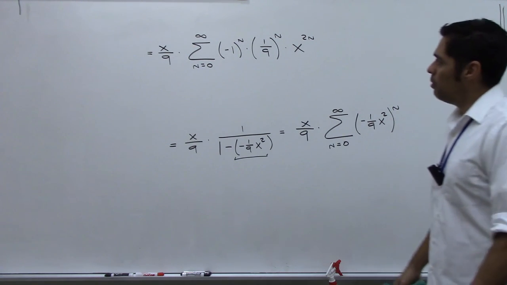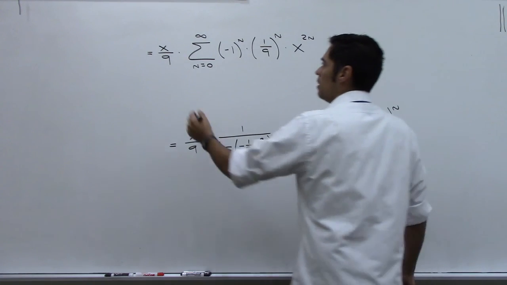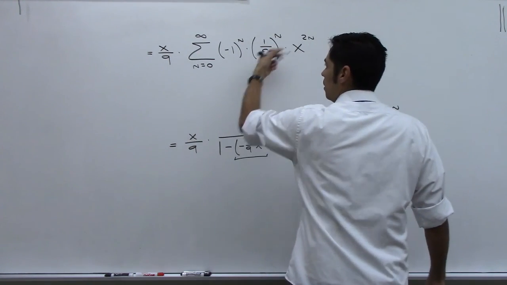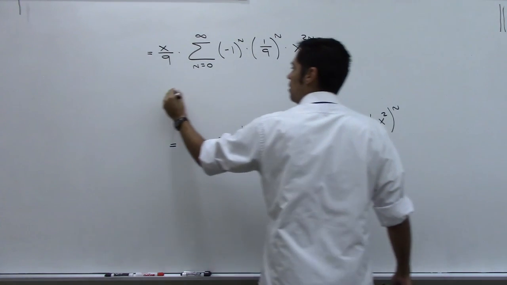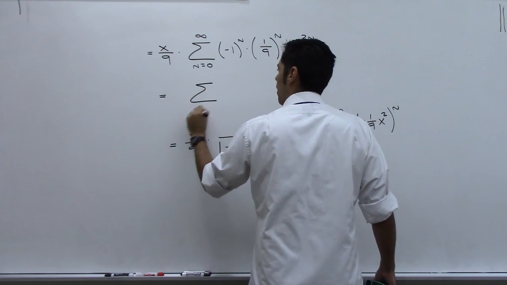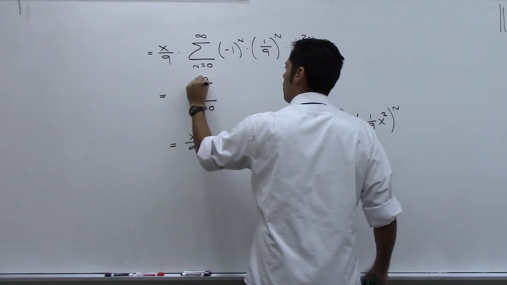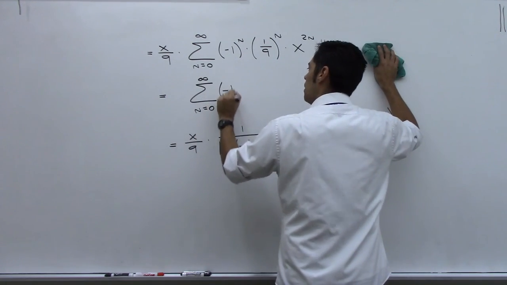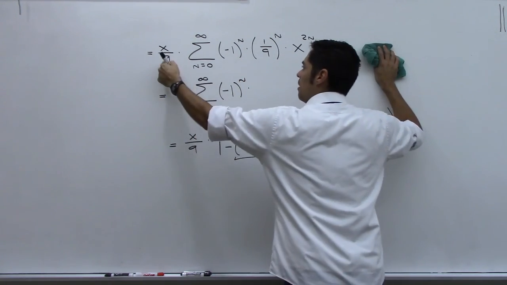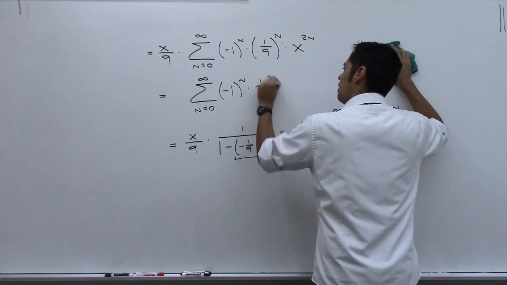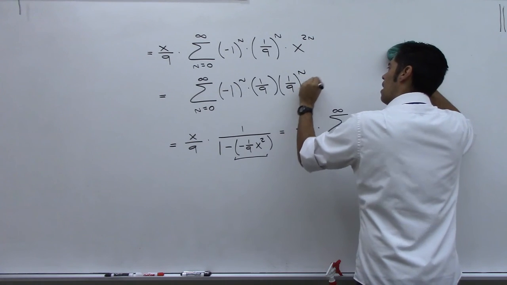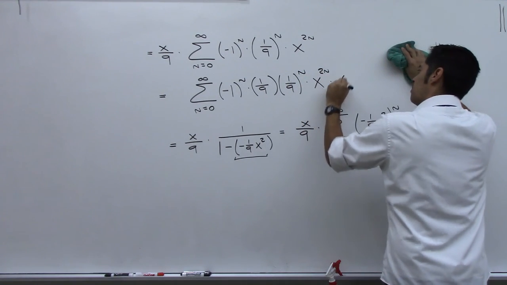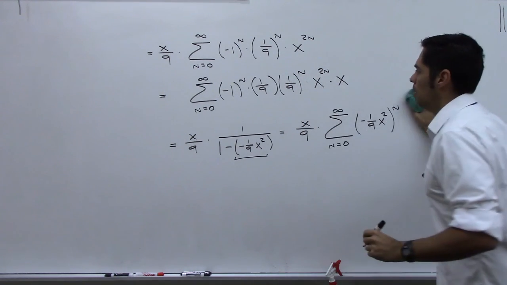And now the important step. I'm going to bring this back in here. So when I multiply this x through, it's going to have an effect on that power. We'll see here in a second. I have negative 1 to the n. This 1/9 that was on the outside, I'm going to bring in. Then I already had 1/9 to the n. I had an x to the 2n, but then I just brought in an x to multiply, like that.